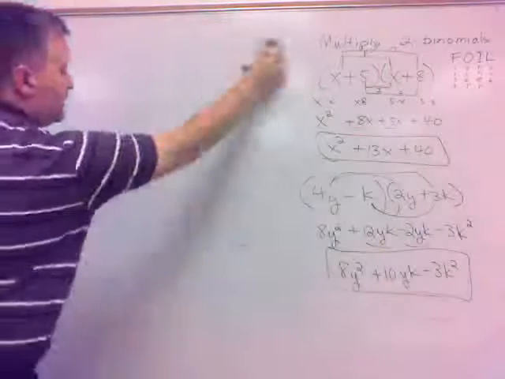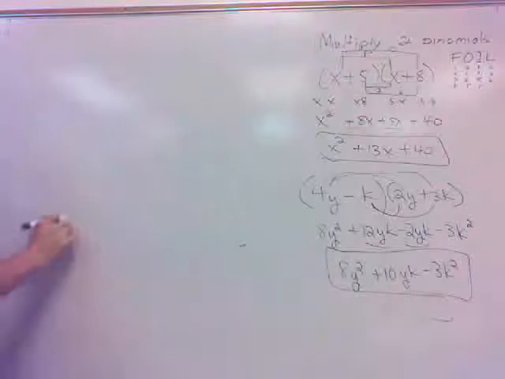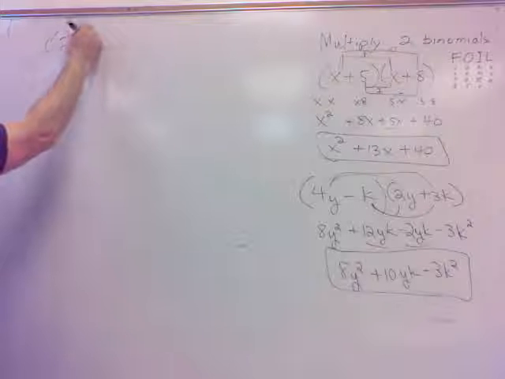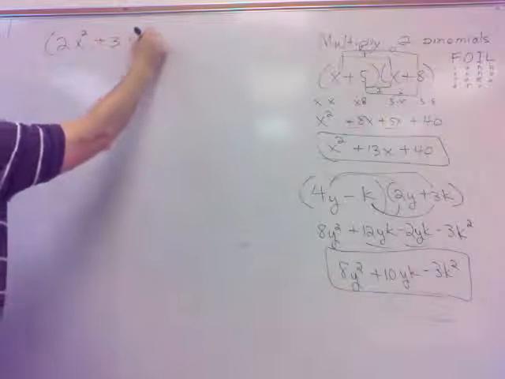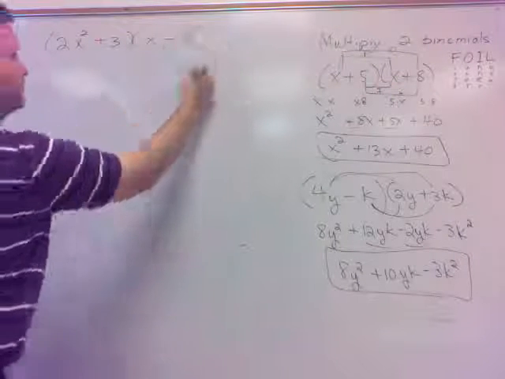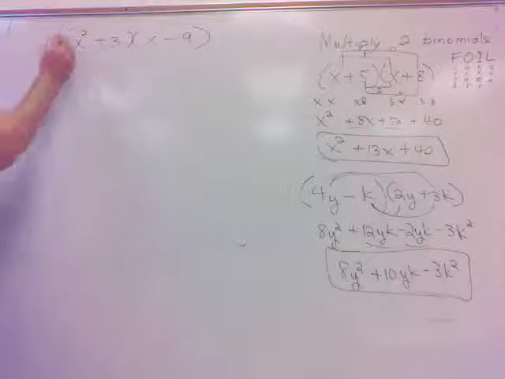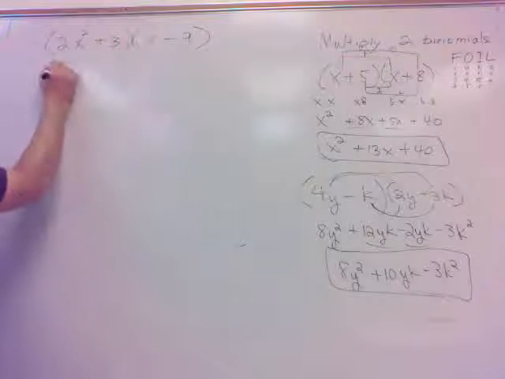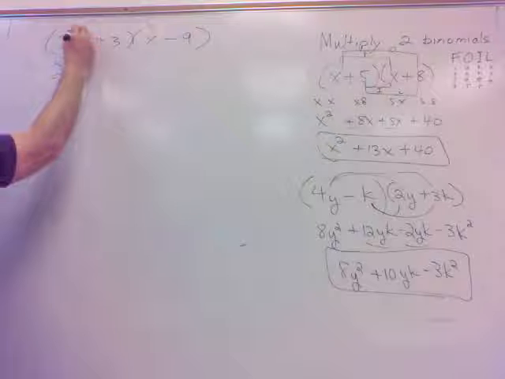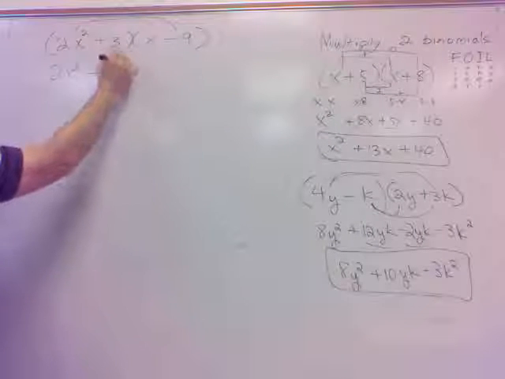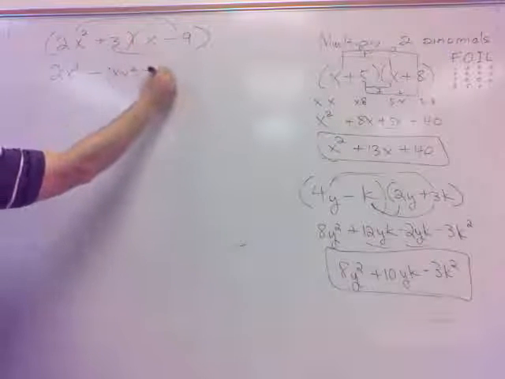One thing that could happen, well, let's say you had 2x squared plus 3 times x minus 9. In that case, if we FOIL that out, 2x squared times x is 2x cubed. 2x squared times minus 9 is minus 18x squared. 3 times x is positive 3x.